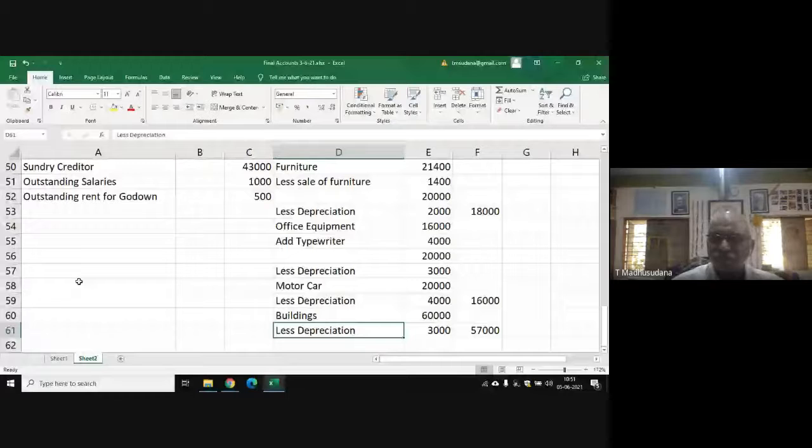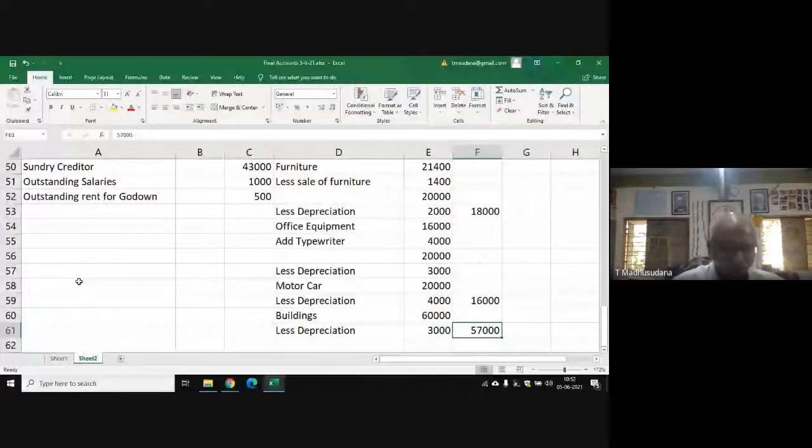So of 60,000, only 30,000 is used for business. Therefore, on 30,000 at the rate of 10%, the depreciation will come to 3,000. So 60,000 minus 3,000 is 57,000 rupees.